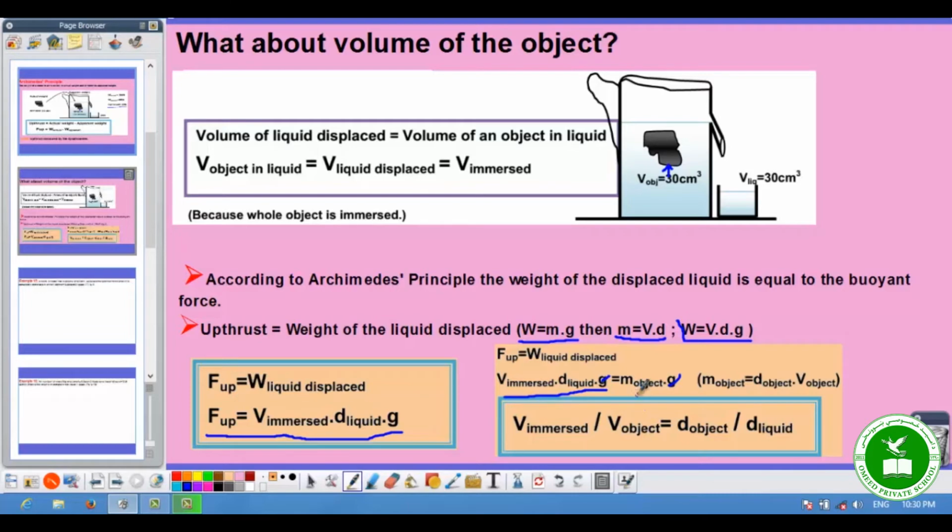What is remaining? Mass is left here, V into D is left here. We know mass is equal to density into volume. If we write density into volume here instead of m, then finally we will get this formula. This formula is also important.